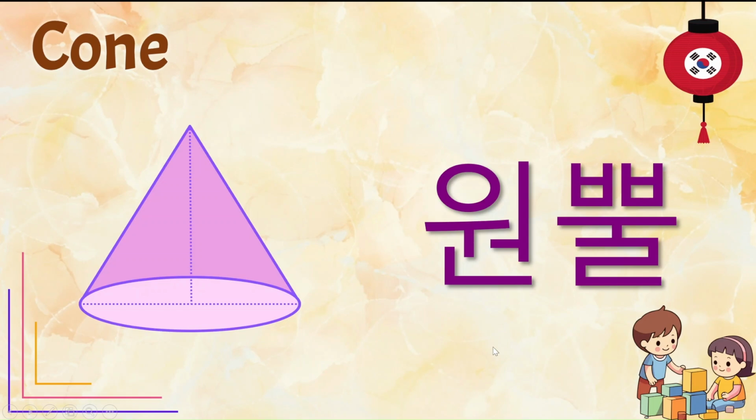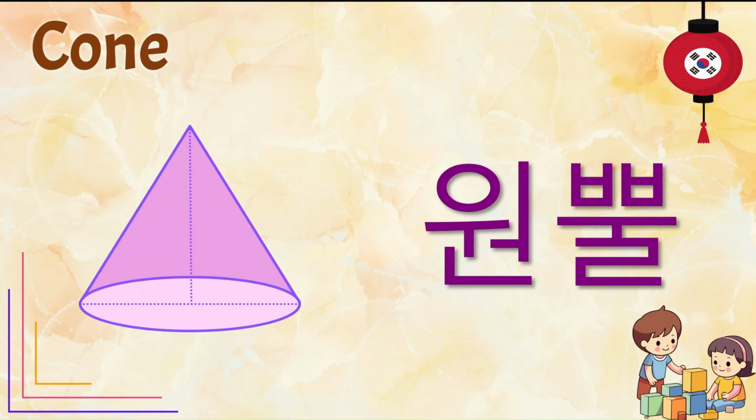So 원 comes from there. And 뿔, it is used to indicate that the shape is pointed. It is used with pointed shapes. So here, this cone is 원뿔. It has a circular base and it is pointed. So cone, 원뿔. Just go with the logic and then it will be very easy for you to remember the name, right?